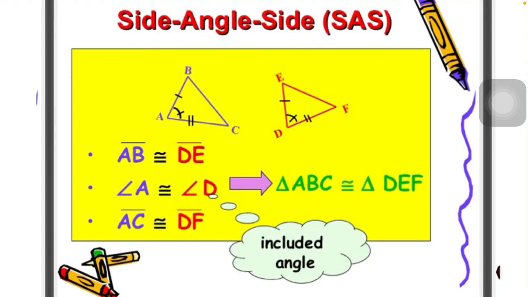One thing you have to remember is that the angle you take should be included between the sides, because the congruency rule is side angle side. As the name suggests, the angle should be between the two sides. Then only you can apply this rule.